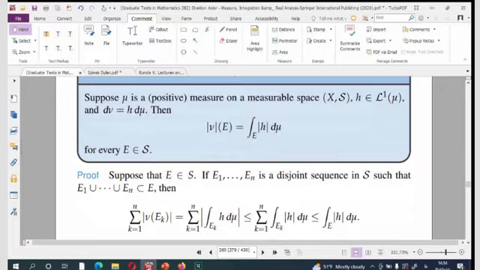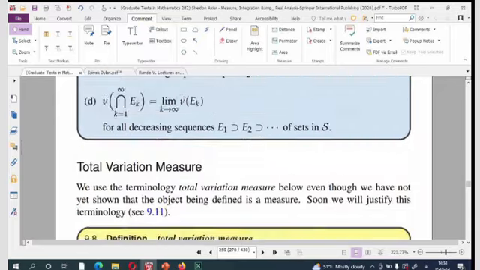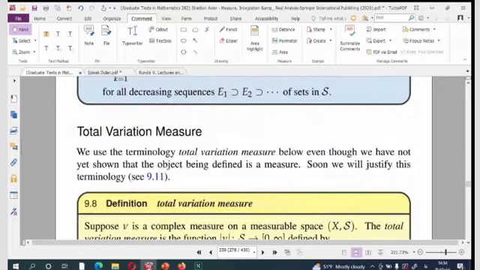Okay, let me continue in the next session. In the next session, we see the definition of total variation measure.